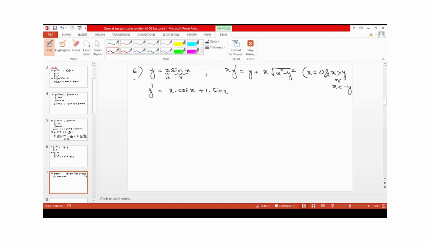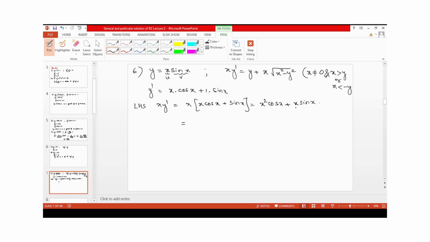Now, I am going to consider the LHS part, which we have here, x y dash. So, x into y dash, so x into (x cos x plus sin x), which is equal to x square cos x plus x sin x. Of course, here we have x sin x, right?